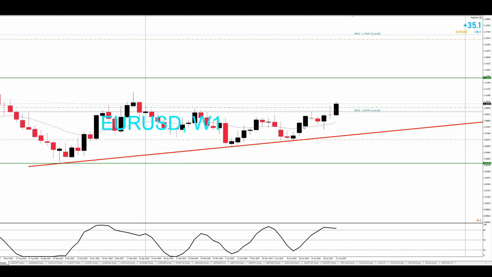So when you get to these major levels of support or resistance, you can have a higher probability trade. You can be more confident in your trades, because once you get to these levels, if you're in line with the big trend, you can take that trade with the idea that the market is going to either reverse and get back in line with the major trend.